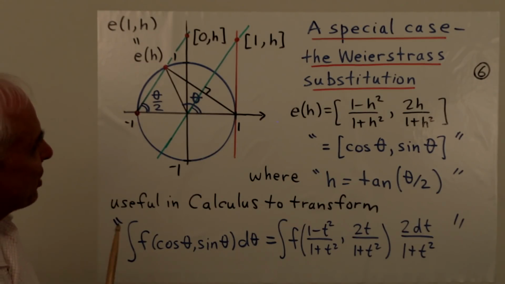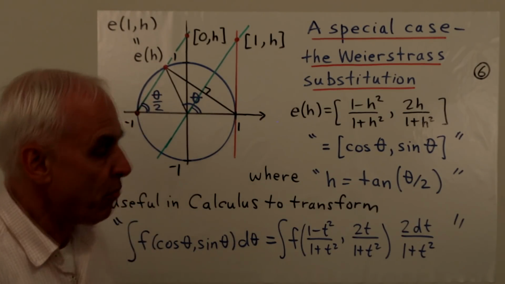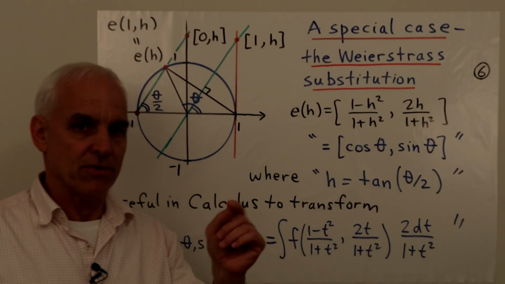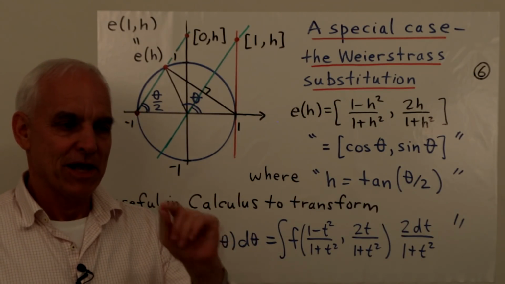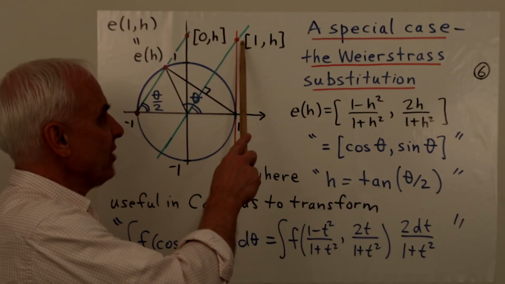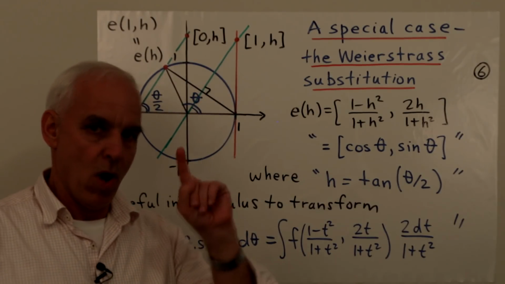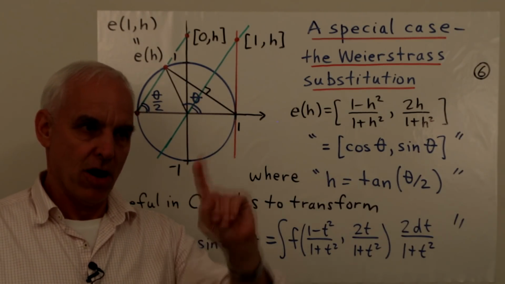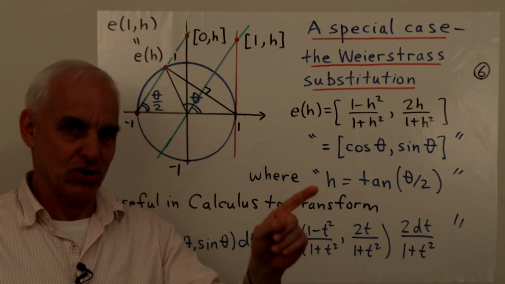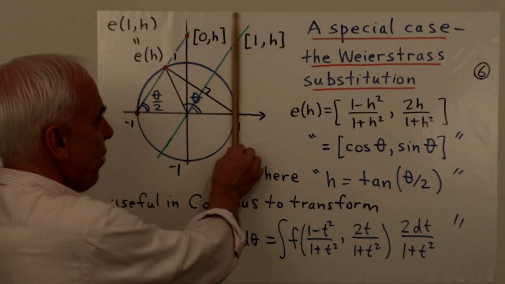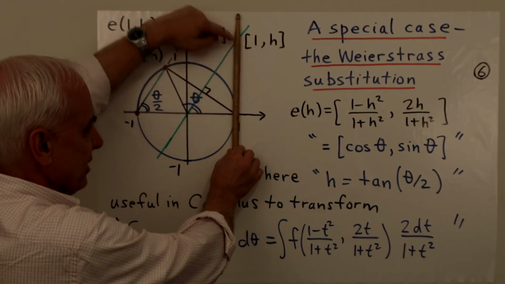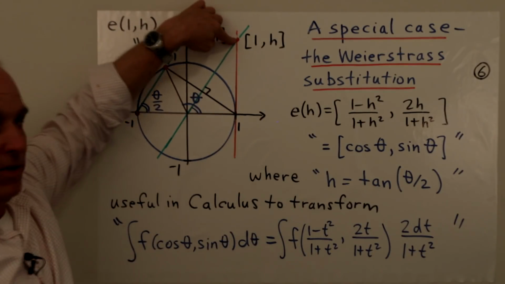So the special case is when we're considering our point RS to have a rather special form. Let's consider the point RS to have x-coordinate 1. So instead of RS, we'd have 1, h. That means that our point will lie on this line, x equals 1. Let's put it right there.